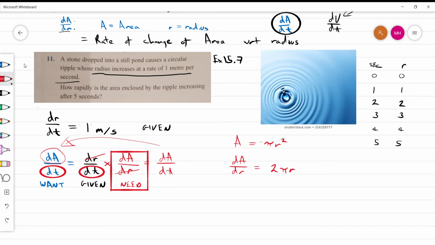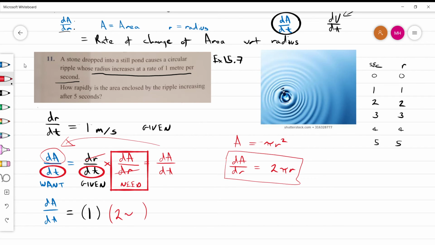Now we start filling everything in. We want how the area is changing with respect to time. We are given that the rate of change of the radius with respect to time is 1. And we have just worked out that the rate of change of the area with respect to the radius is 2 pi r.